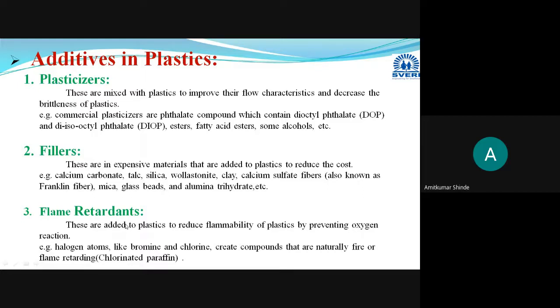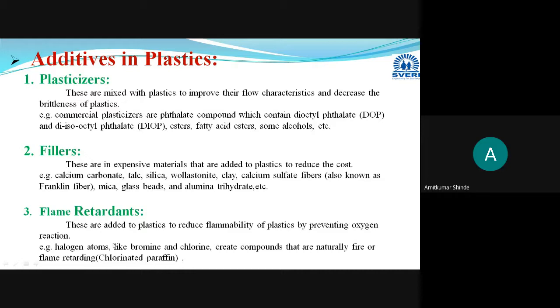Halogen atoms include bromine, chlorine, fluorine, iodine, but most of the time we use chlorine and bromine only. One practical example is chlorinated paraffin. Paraffin is the plastic material, but we add some chlorine, and it is termed chlorinated paraffin. So this is the function of the flame retardant.